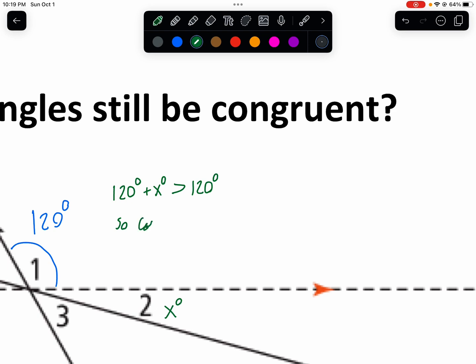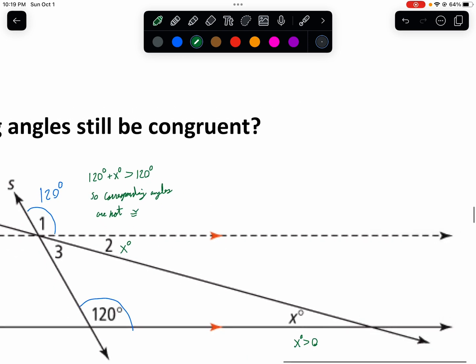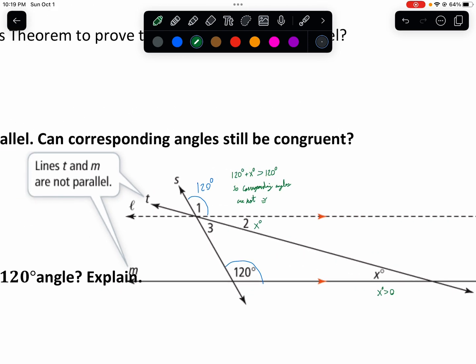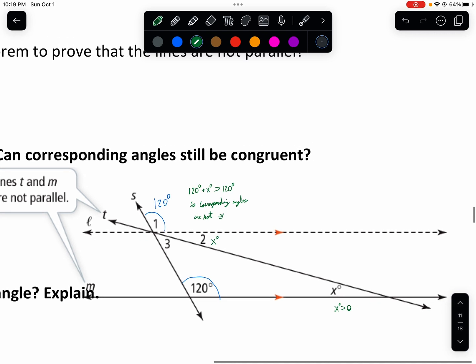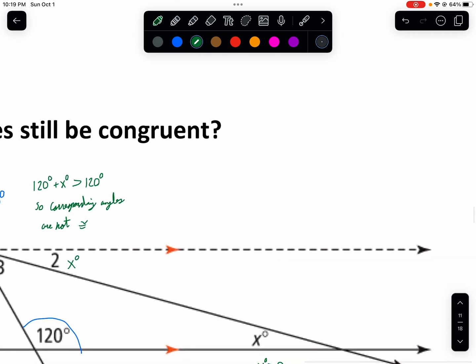So corresponding angles are not congruent. Okay? And that brings us to a pretty simple conclusion. If our lines are not parallel, then the corresponding angles cannot be congruent. In other words, it gives us a backwards statement.